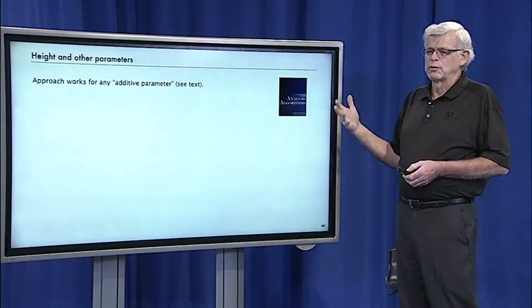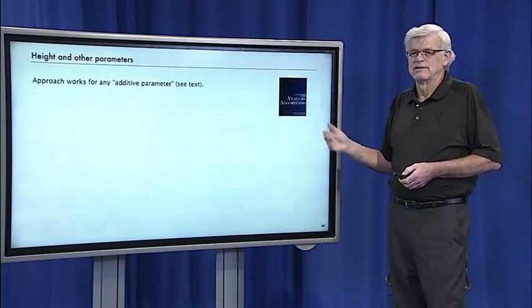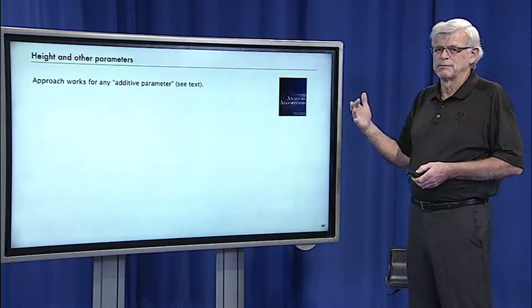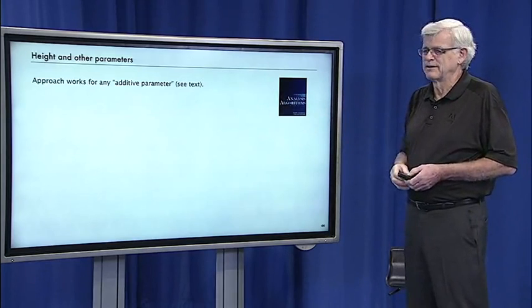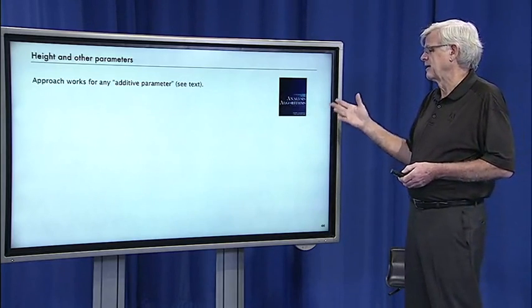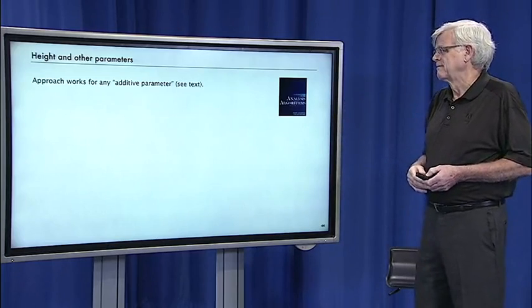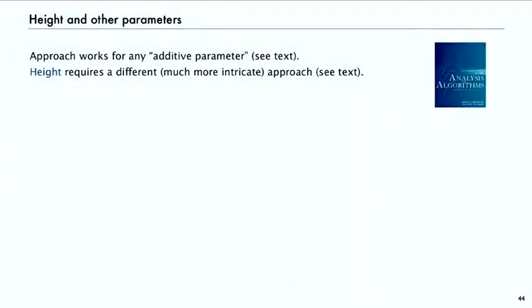Now this same approach works for a lot of other parameters of trees, and there's exercises to compute the number of leaves of trees and other things like that in the text. For finding the height of trees, it's much more intricate. It's a different approach because it doesn't break down really as well. But that's an interesting problem because it's a natural thing to want to know.